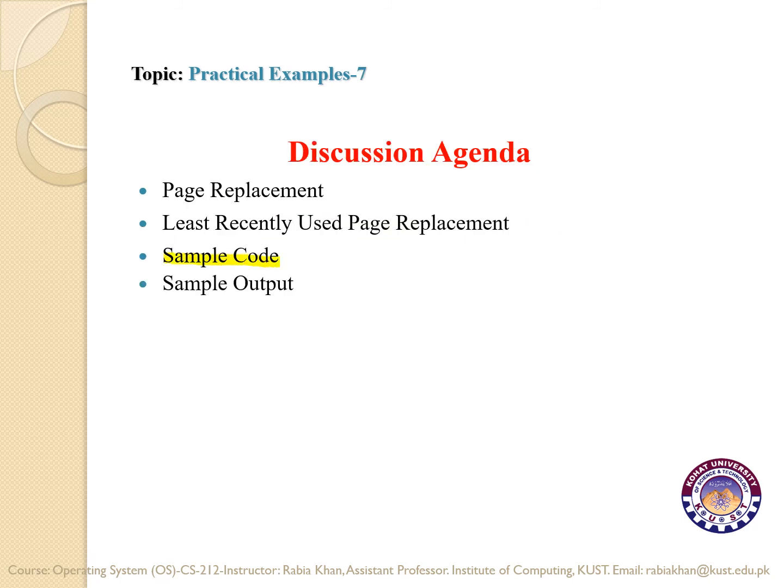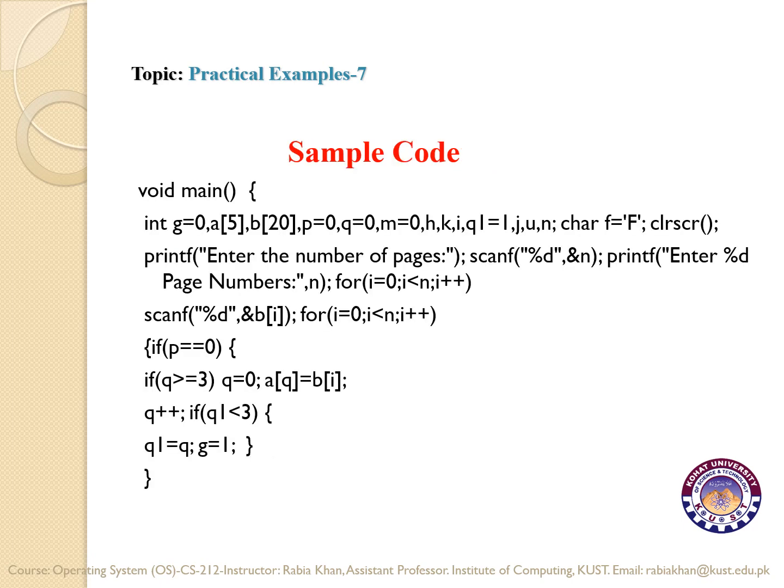So next we are going to see how it works when we apply it on code. This is the sample code snippet. This is part of the code. You will find the complete code in a Word document on KCMS. I will provide it as an attachment so you can get it there.